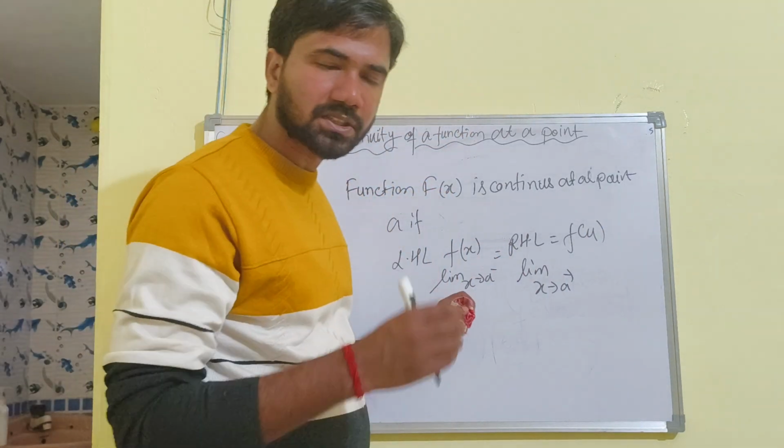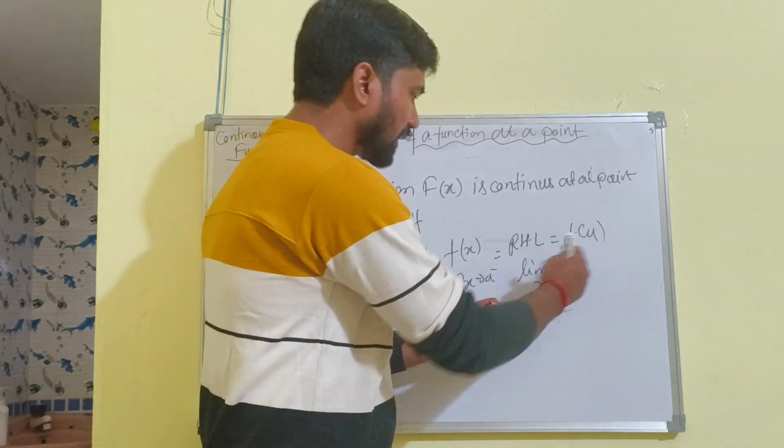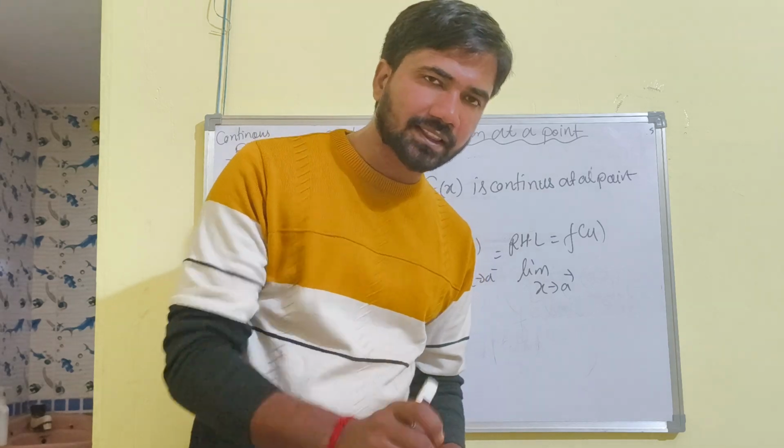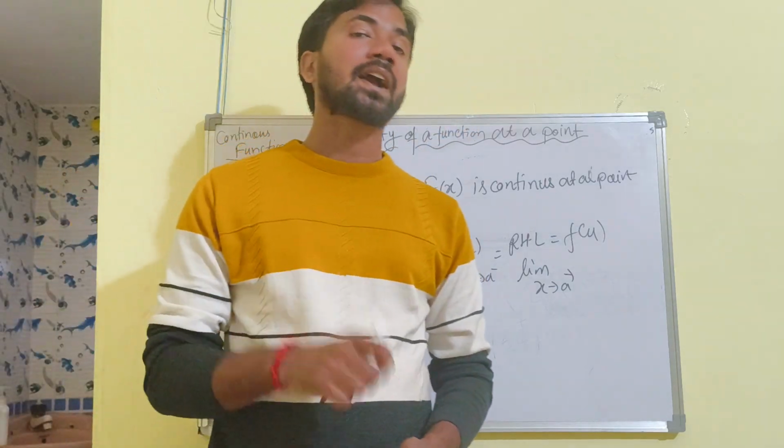Left hand limit means we are approaching from the left side. Right hand limit means we are approaching from the right side, and the value of the function means exactly at that point. Then we say the function is continuous.